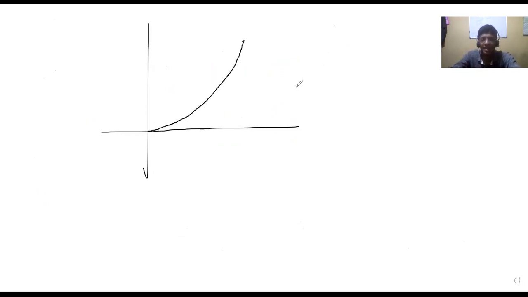So the point is that you take the function f(x). You take a convex function, f(x) equals x squared. Start with a convex function, and you make it non-convex, something like that. Start with a convex function.